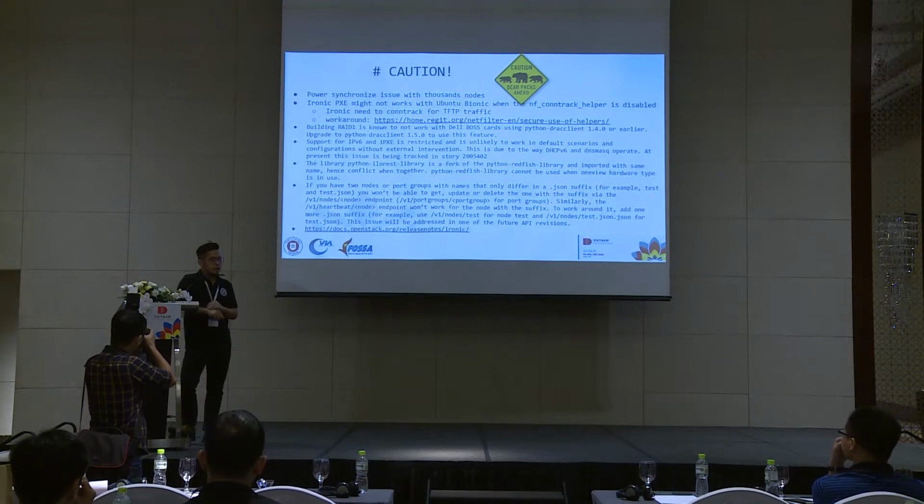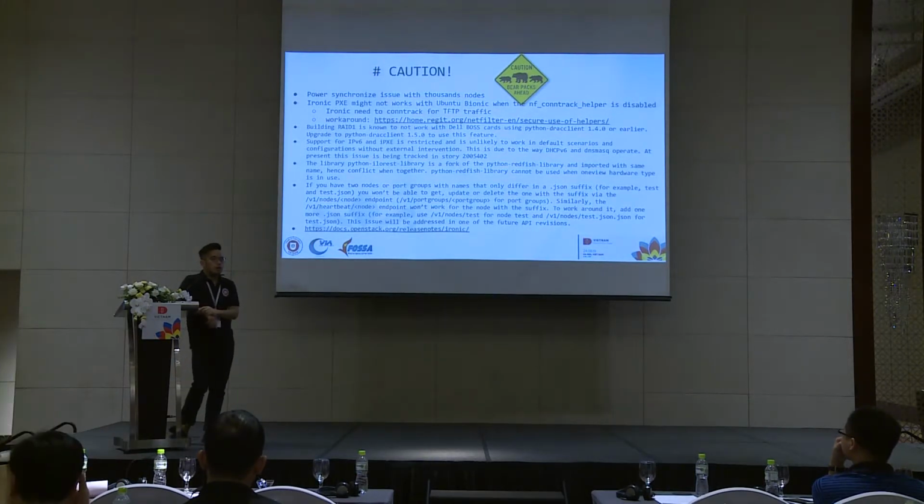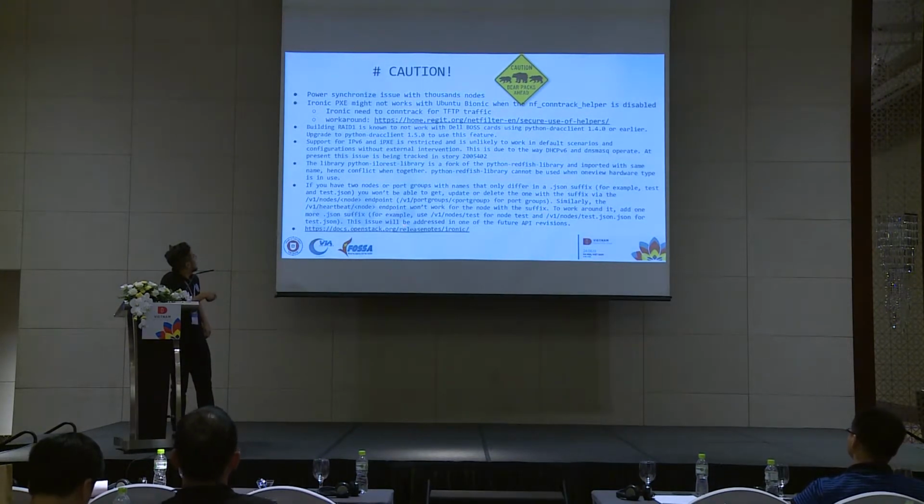And there's another thing: for the new Ubuntu release, not the new long-term support, there are some security improvements which lead to some inconvenience when you try to check your PXE information.